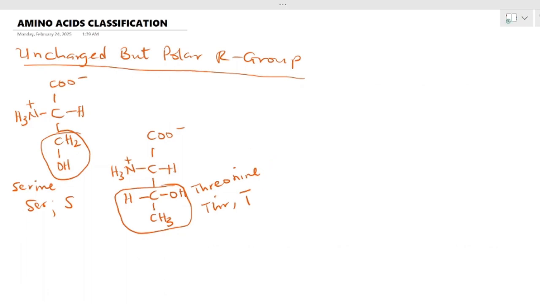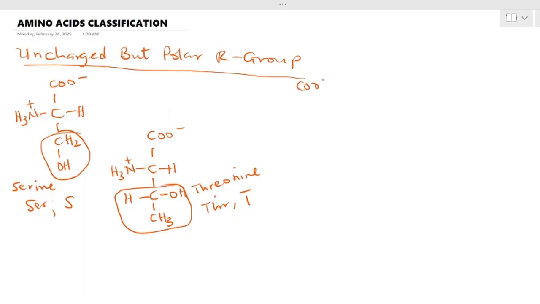I want to look at a third one. We've treated 15 of the 20 common amino acids, and in this group, we'll be treating the remaining 5. The next amino acid is cysteine.